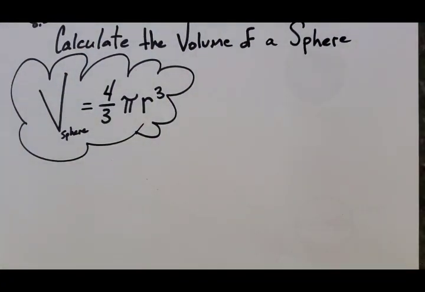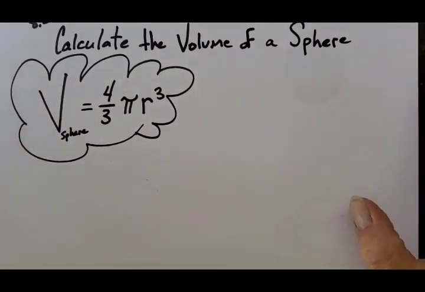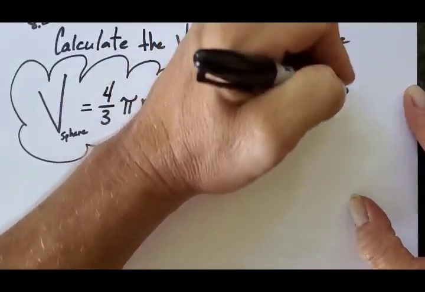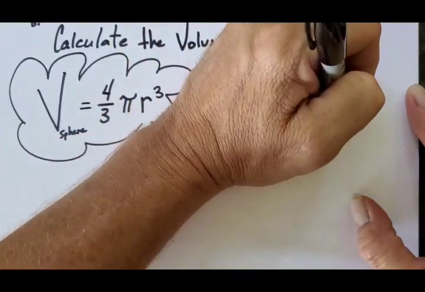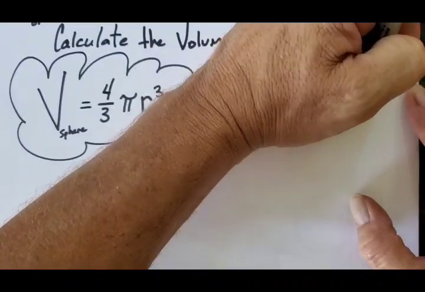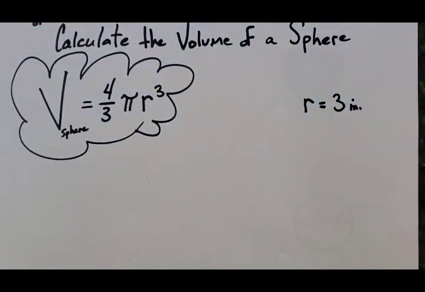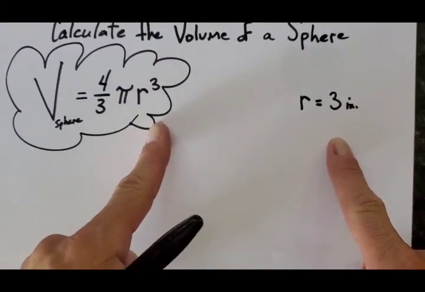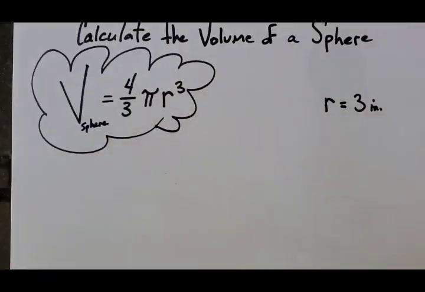Let's say we're going to calculate the volume of a sphere which has a radius of, let's go with, 3 inches, which is reasonable. A 3-inch radius means it's a 6-inch diameter.